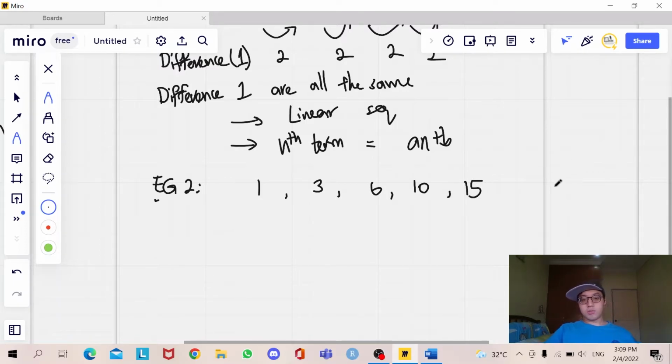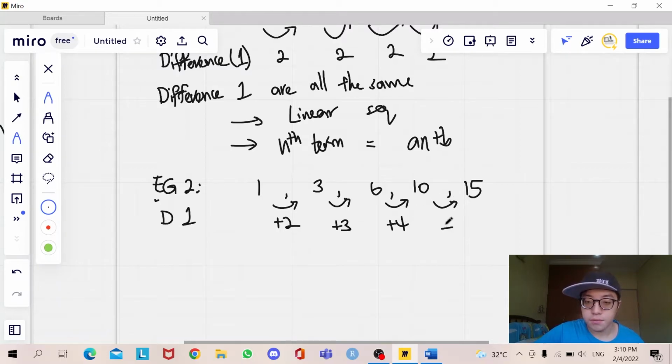By looking at the sequence, this is definitely not a linear sequence because at difference number 1, I will just write it as D1, the difference here is plus 2, plus 3, plus 4, plus 5. As you can see here, D1 is not the same. So we will continue down to D2. The row number 2, where we get all is actually plus 1.